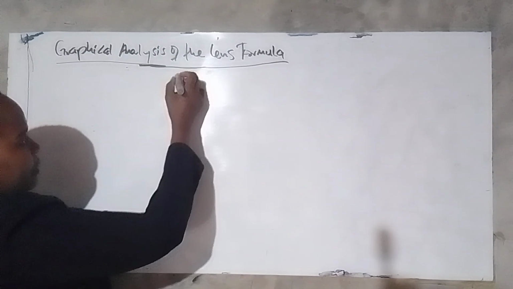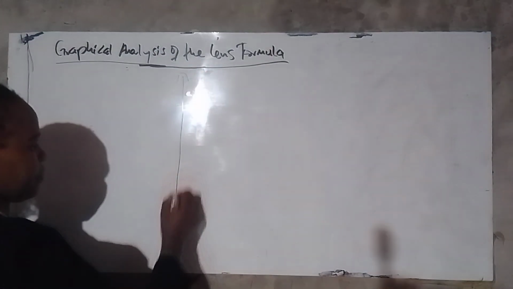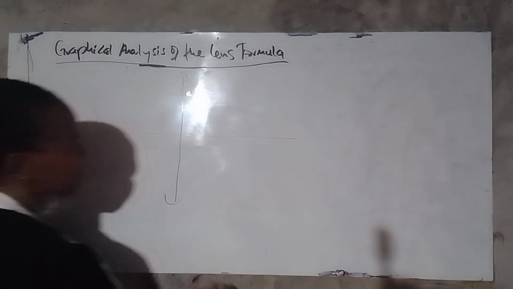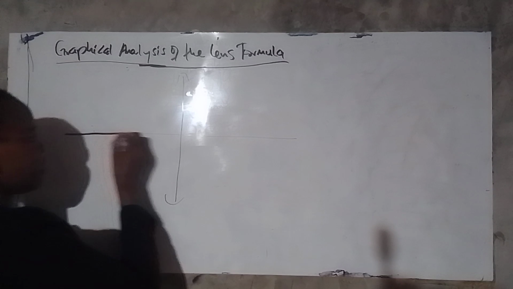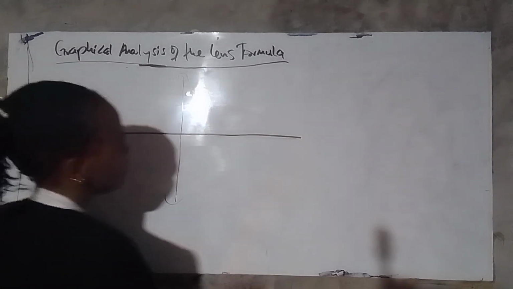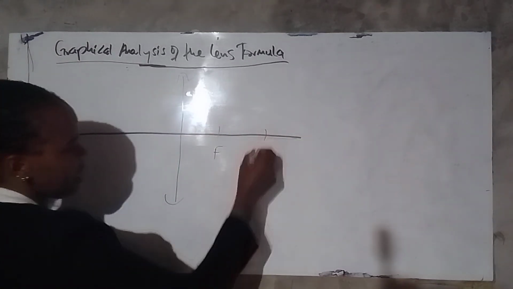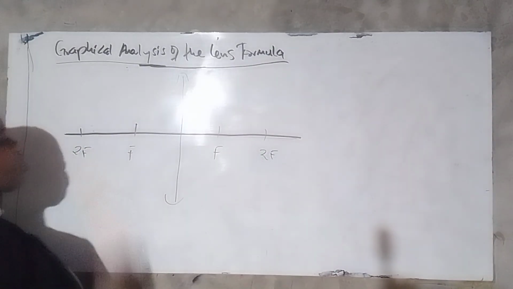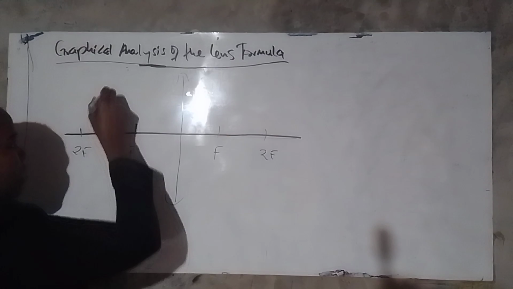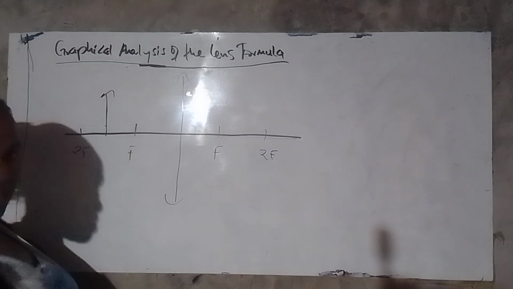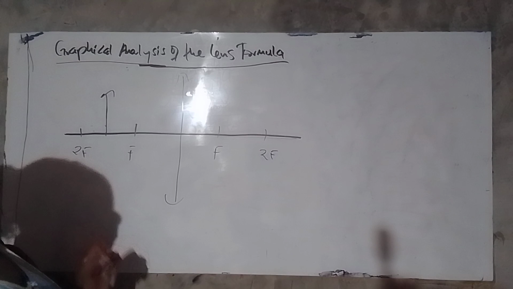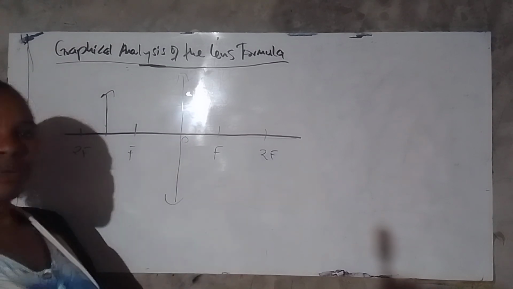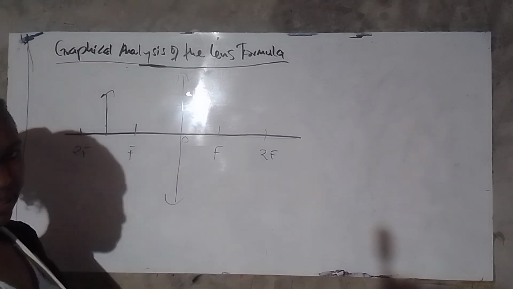I'm using a converging lens, which has F and 2F on each side. If we put an object anywhere along the principal axis, as long as it is not between F and the optical center, then we will be getting real images.